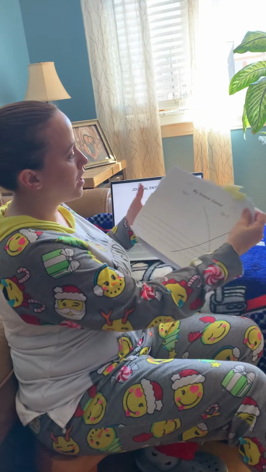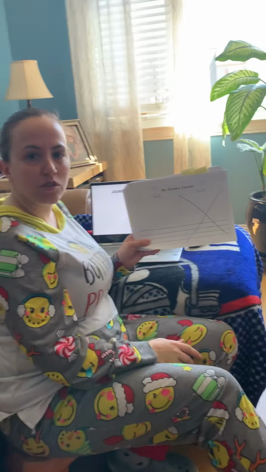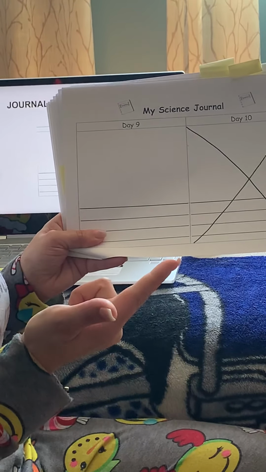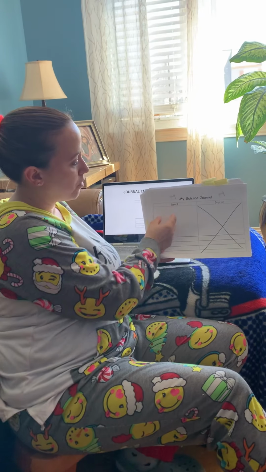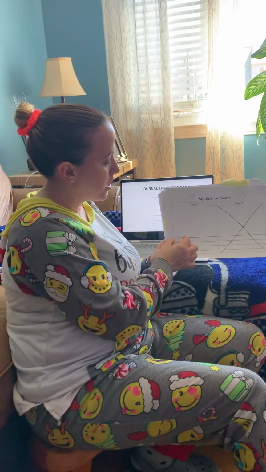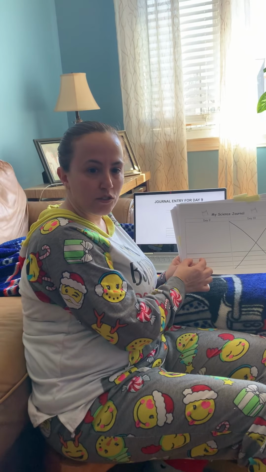It shows you day 9. So in here, in the picture box, you're going to draw a picture of one thing that makes a sound, one thing that is energy, and one thing that is matter. So if you want, you can break it down into 3 portions of your journal. And then here on the bottom, just explain to me which object it is that you're going to do.